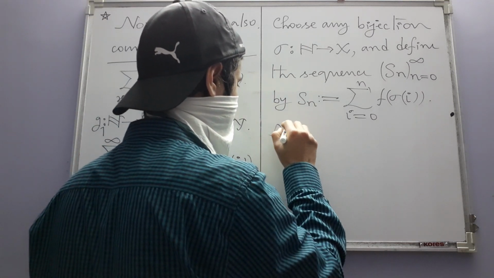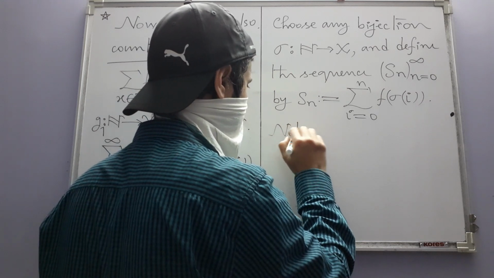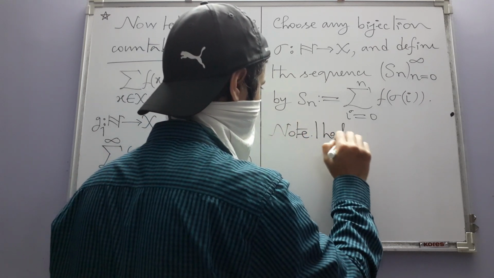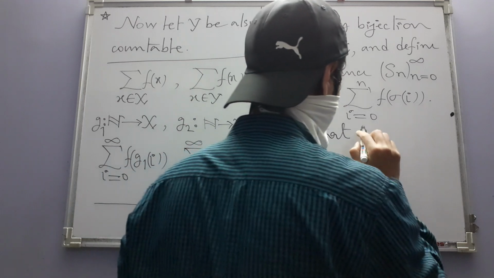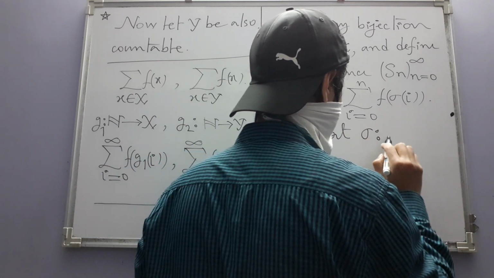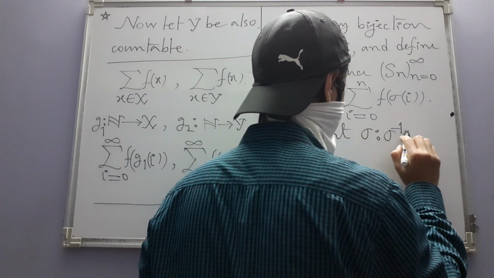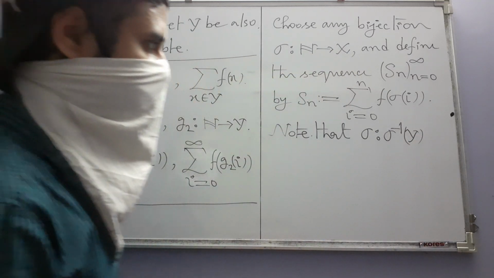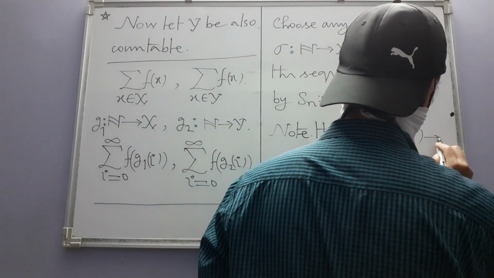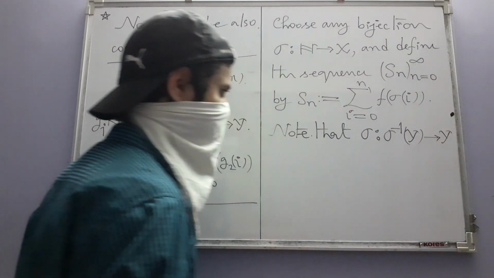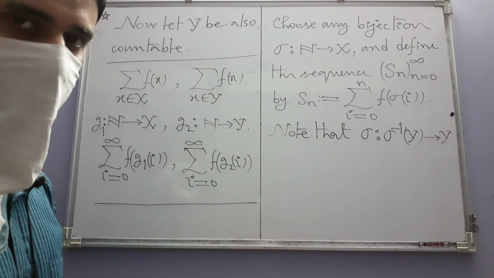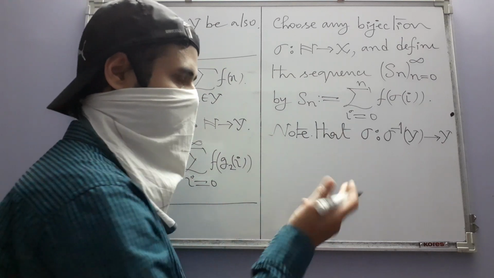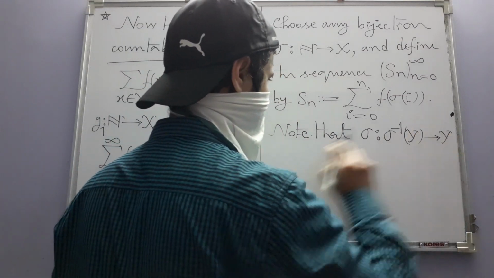Note that in fact, if we restrict sigma to the inverse image, then this function would itself be a bijection naturally, because sigma is 1 to 1 and onto. So this is a bijection.